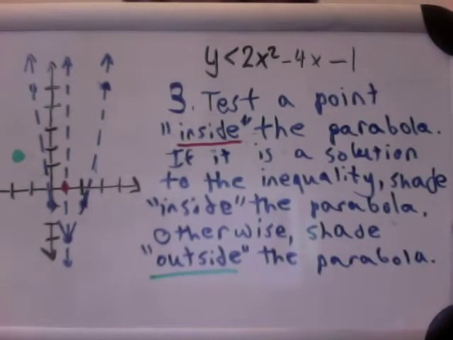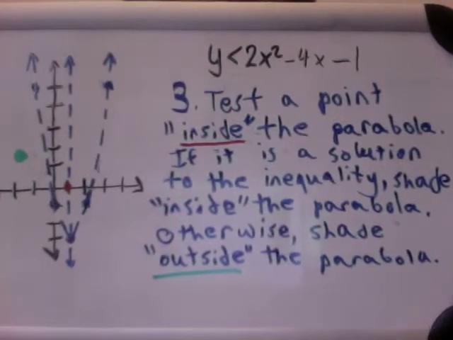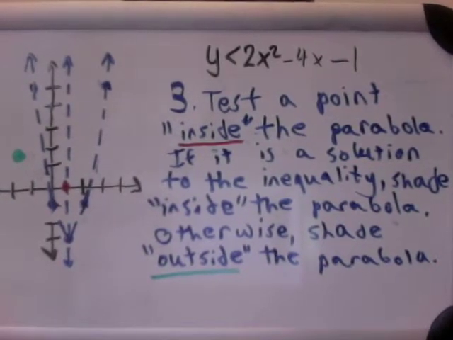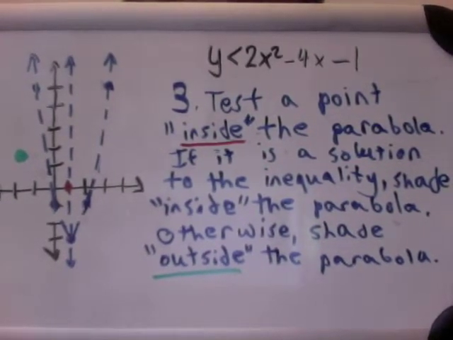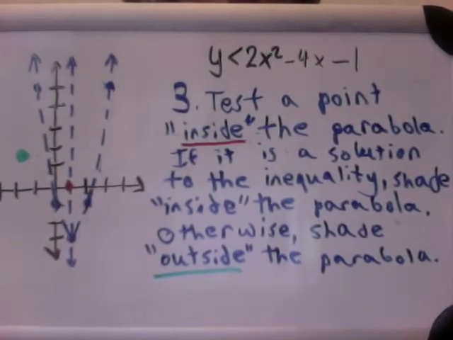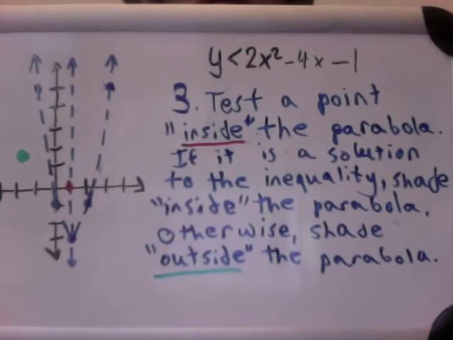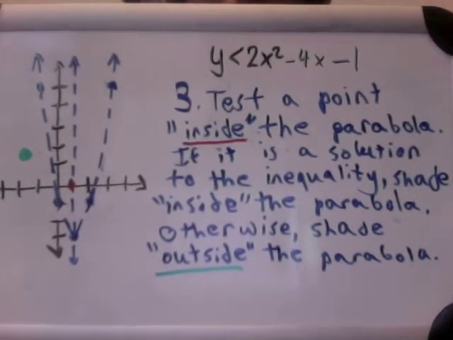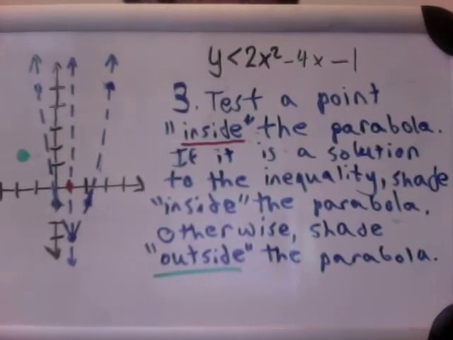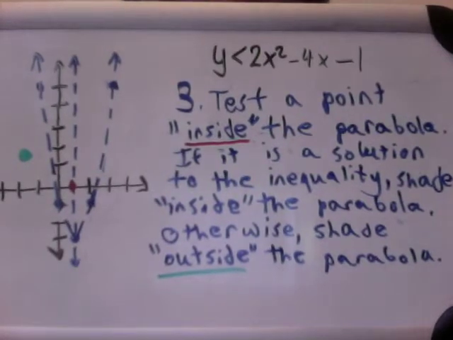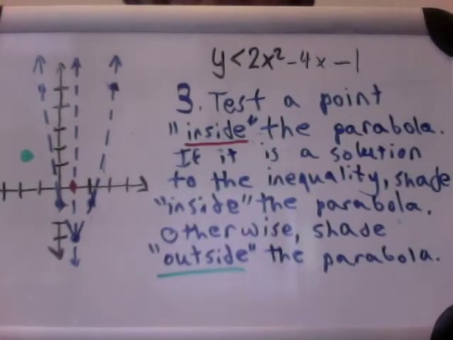The red point is inside the parabola on the graph shown here because it is in between the two parts of the parabola in the direction that it's opening. The green dot is outside of the parabola because it is not in between the two sides of the parabola.